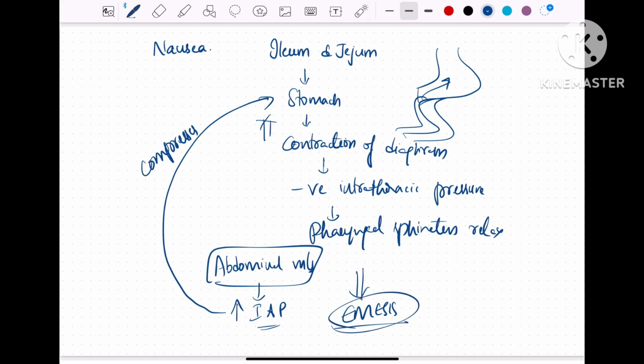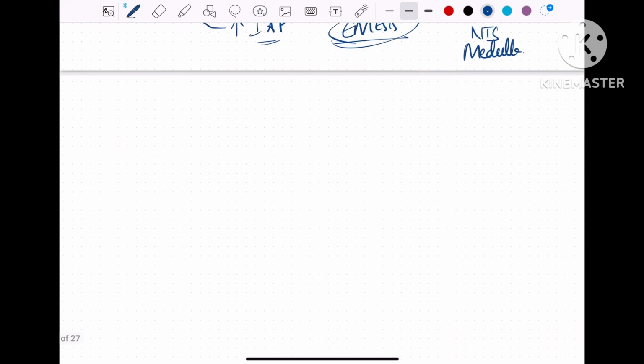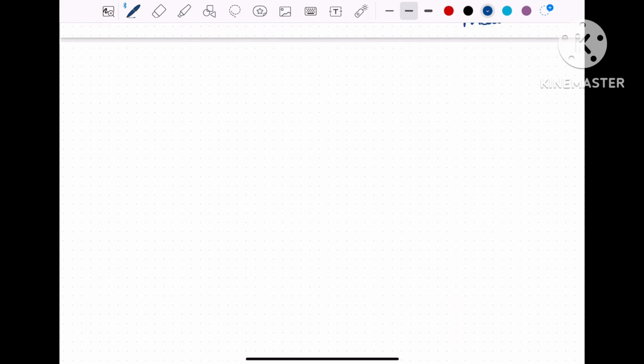This emesis is centrally controlled by a vomiting center, which consists of the nucleus tractus solitarius and parts of the reticular formation in the medulla. The vomiting center is regulated by various neurotransmitters.